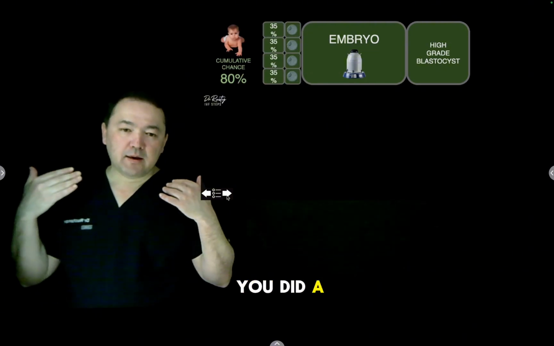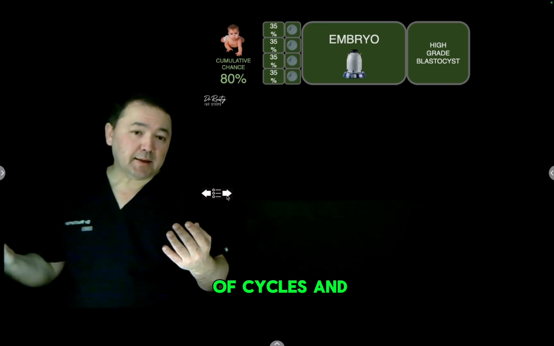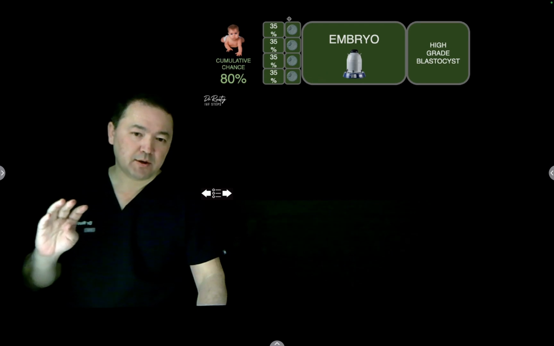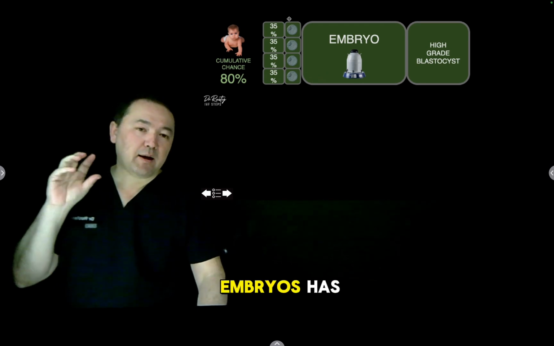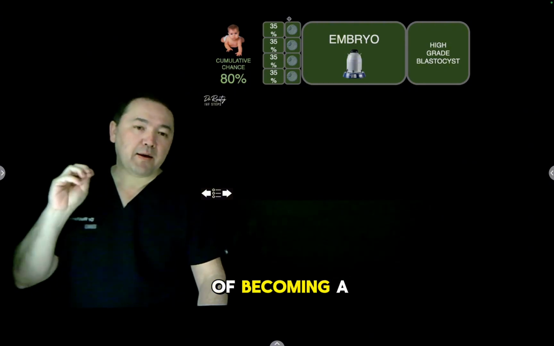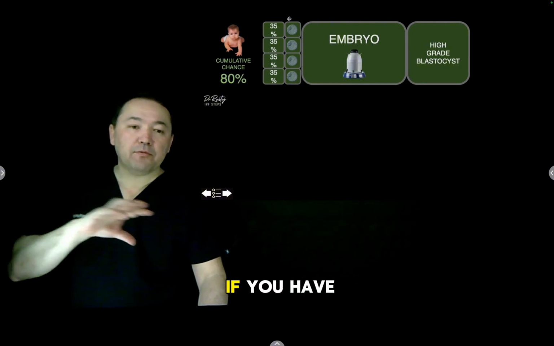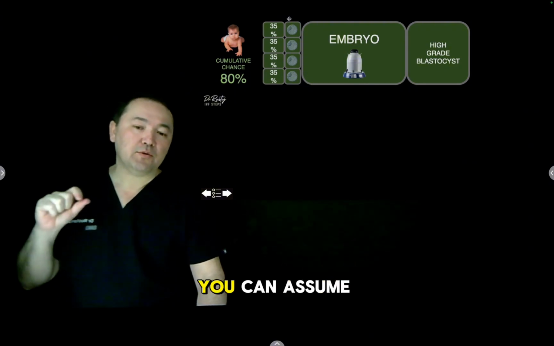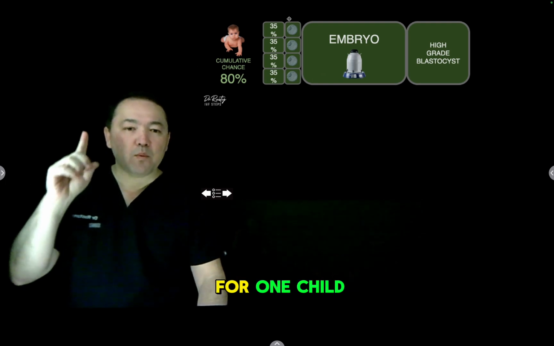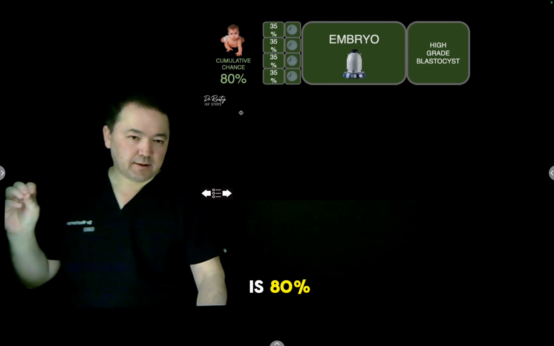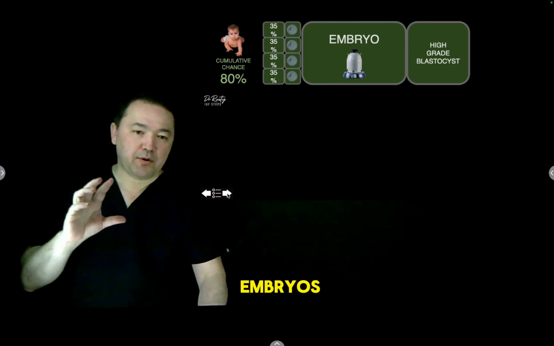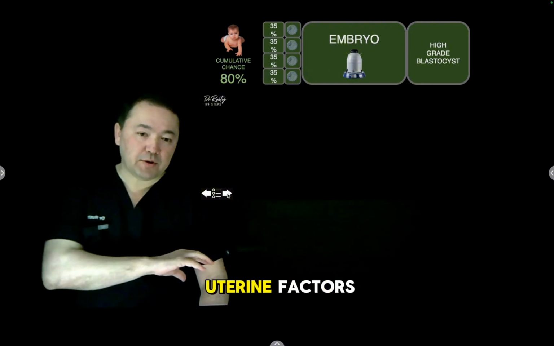Let us say you did a fresh IVF cycle or fresh IVF cycles and banked 4 high-grade blastocyst embryos. Each of these embryos has approximately a 35% chance of becoming a baby. If you have 4 high-grade embryos, you can assume a 1 in 3 chance for each embryo, and the cumulative chance for one child is 80%, provided everything is optimal for these embryos in terms of uterine factors.